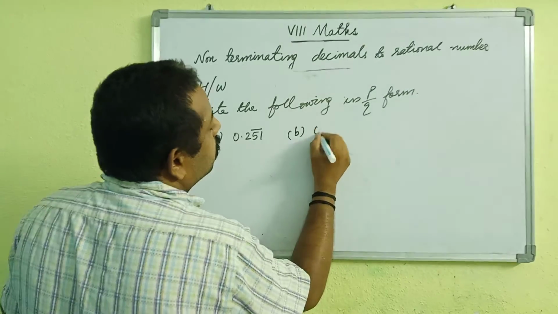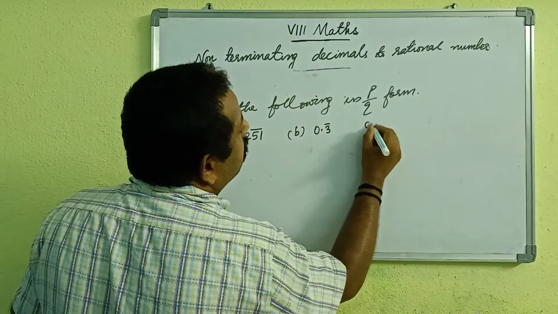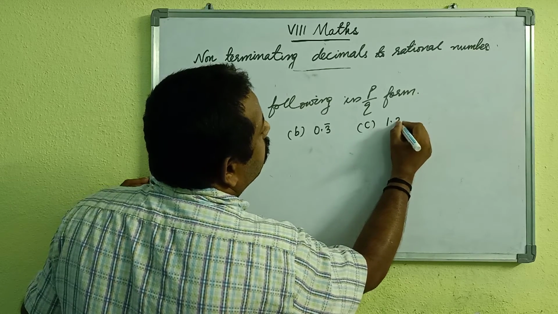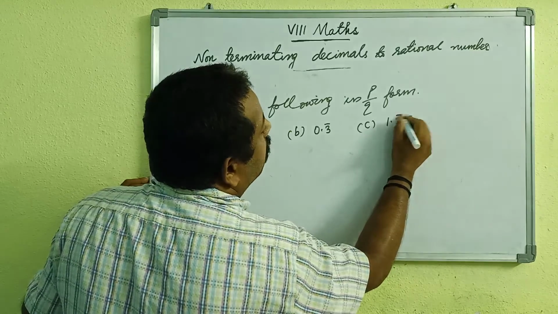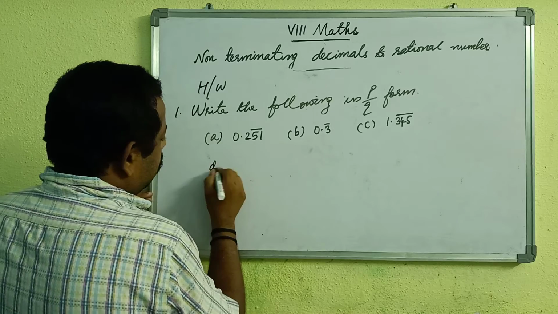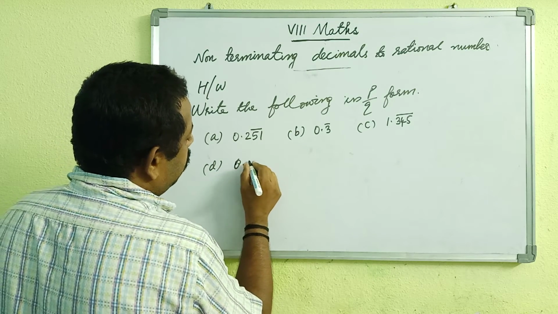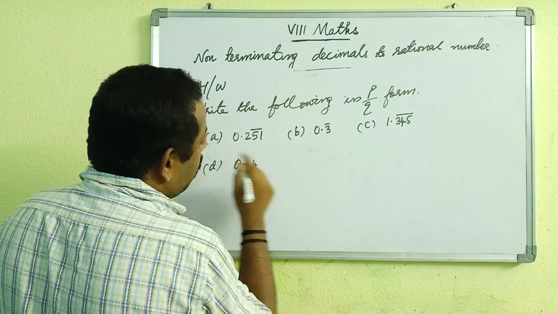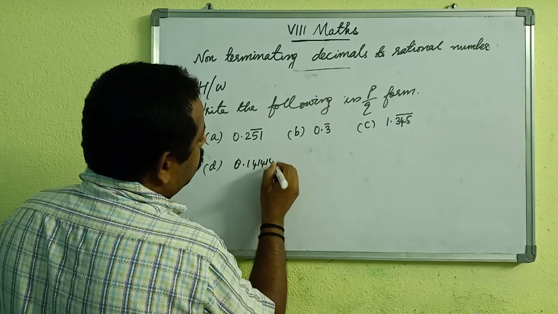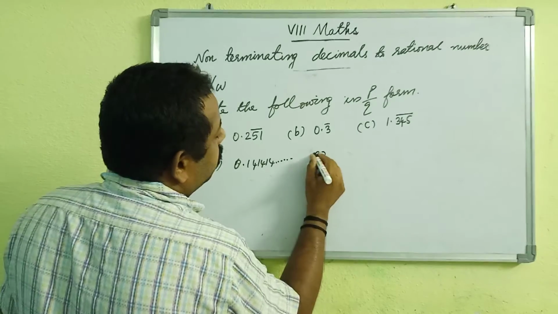Second one, 0.3 bar. Third one, 1.345 bar. Next one, 0.1414 bar.